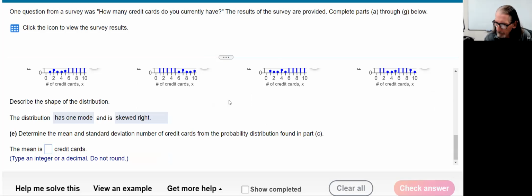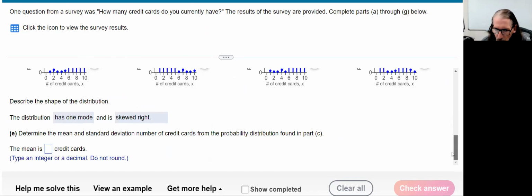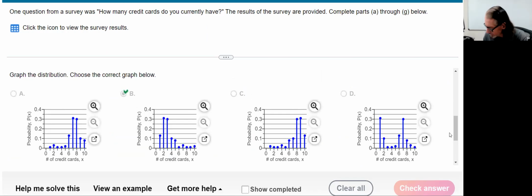Okay. Now what we found in part C, they want the mean, and then they're going to ask us for the standard deviation as well.